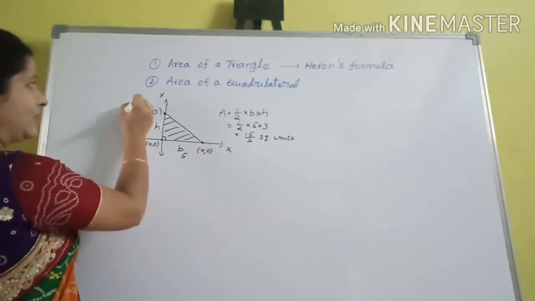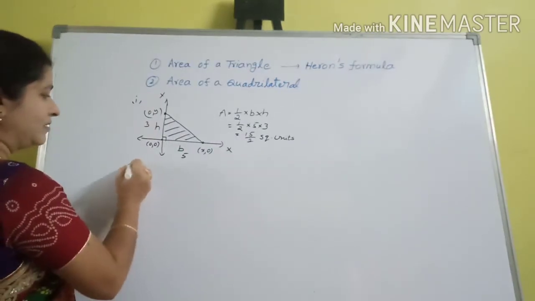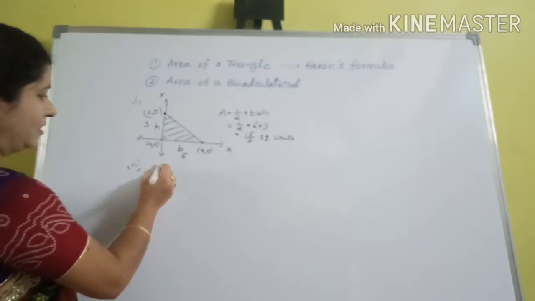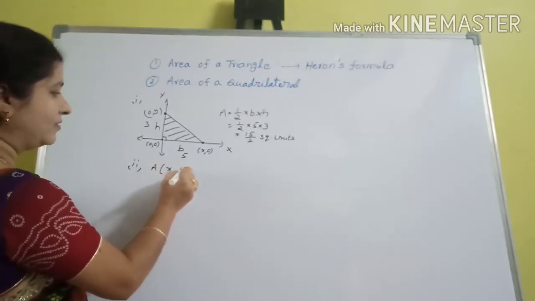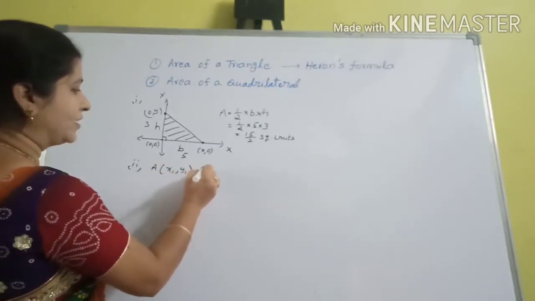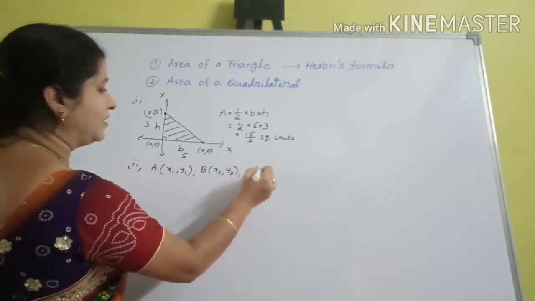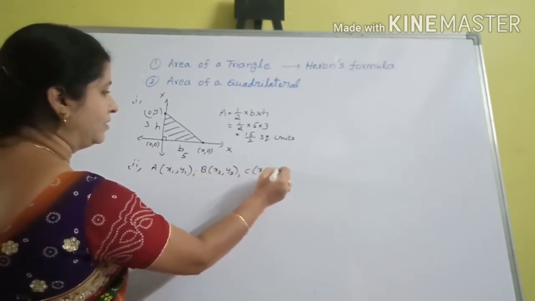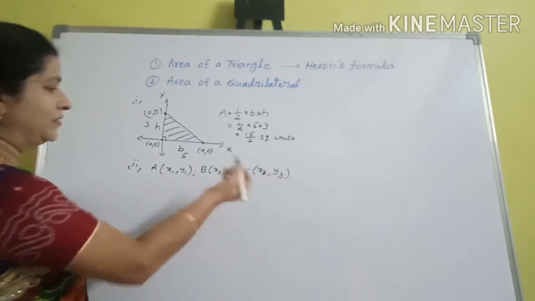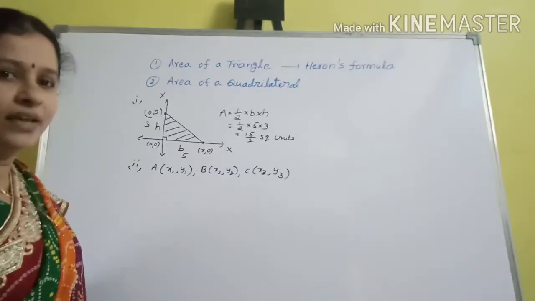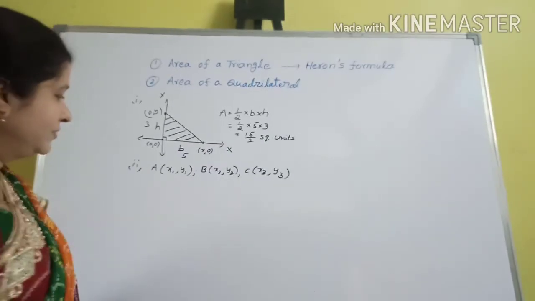If the points are, it is the first case. Second case, if the 3 points are given like this, A x1 y1, B x2 y2, C x3 y3. If the 3 points are given like this, how can you find an area of a triangle?